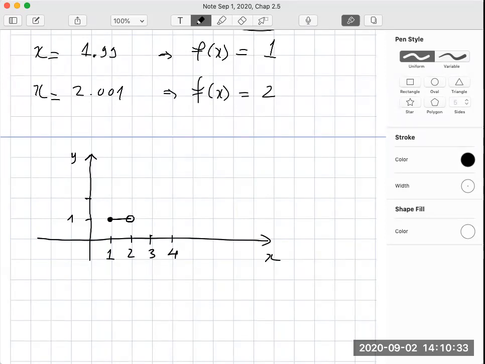And for any value of x from 2 to 3, smaller than 3, the value will be the same, which is 2. And 3 will be here, like this. So on and so forth. We call it the jump discontinuity, right? When we draw the graph of this, we need to take our hand off the paper and continue.